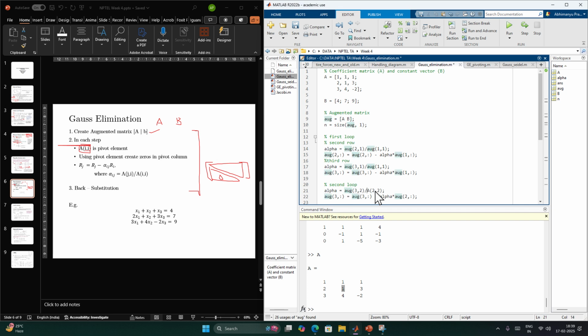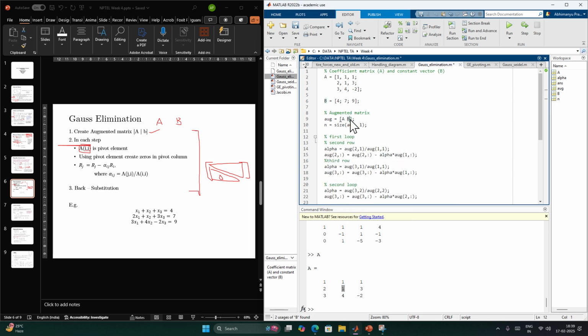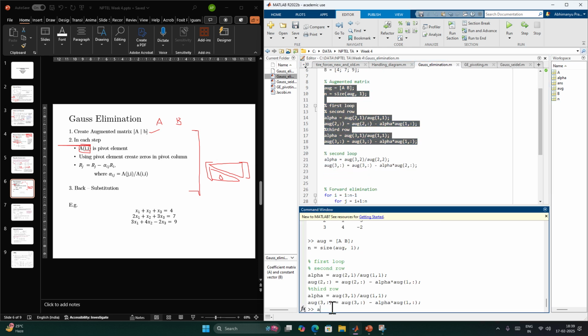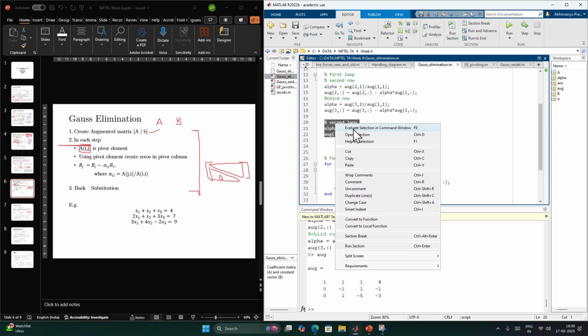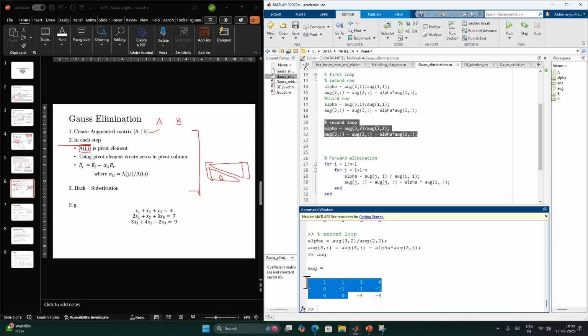So I will take these augmented matrix values, and I will do this. Then it should work now. So first I will do this first part. This is my augmented matrix. Now I will do the second part. Yeah. So now this has become clear, right? So now my A matrix is this, 1 1 1.